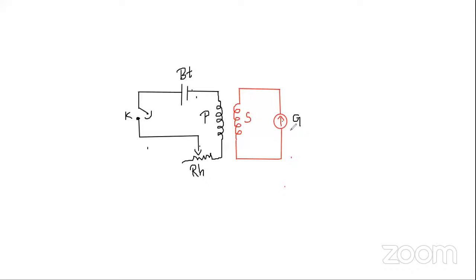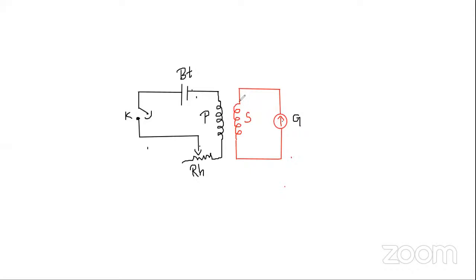Now you can vary the current flowing through the primary with the help of this rheostat. If you increase the current through the primary, there is an increase of magnetic flux in the secondary coil, and so an increase of induced current in the secondary coil, which can be identified from the galvanometer deflection.